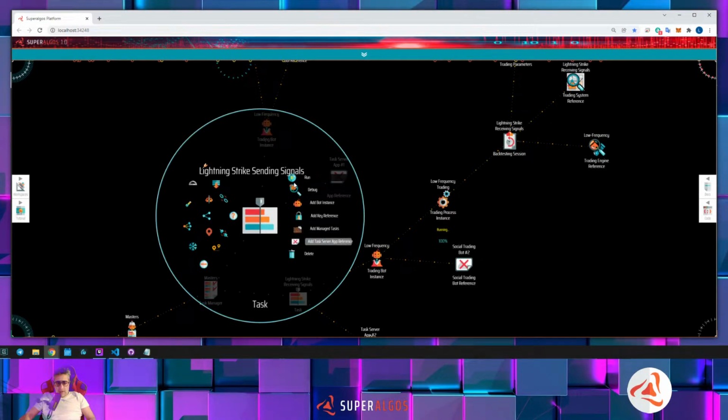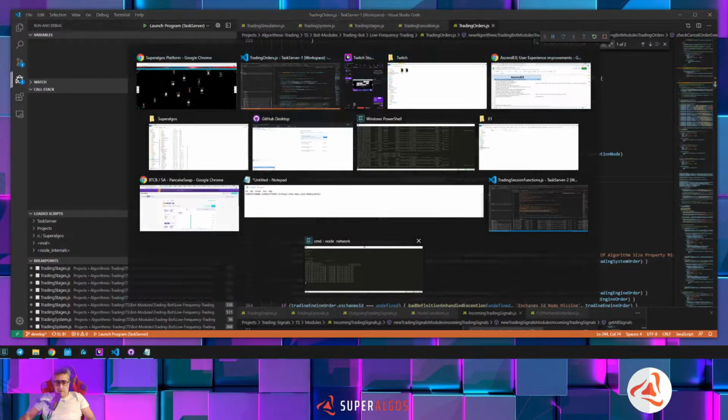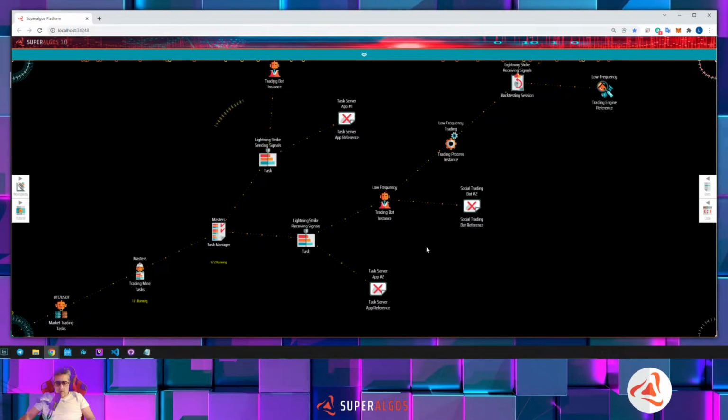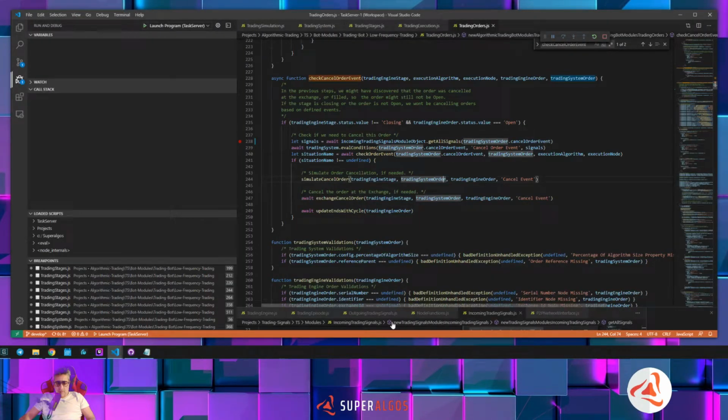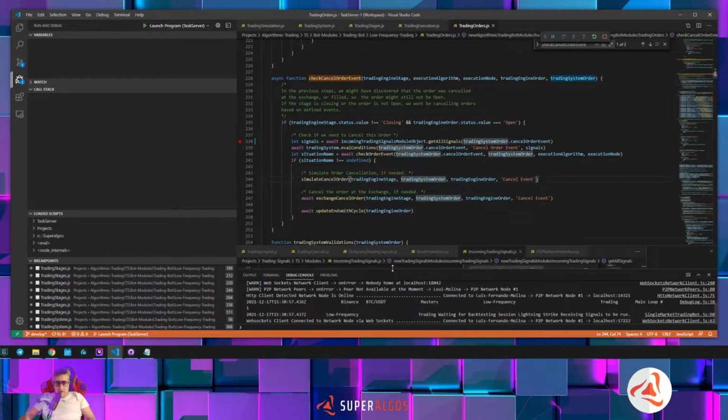So we're going to run this again, and we are going to debug this other guy because he's already running. Okay, it connects to the network node.